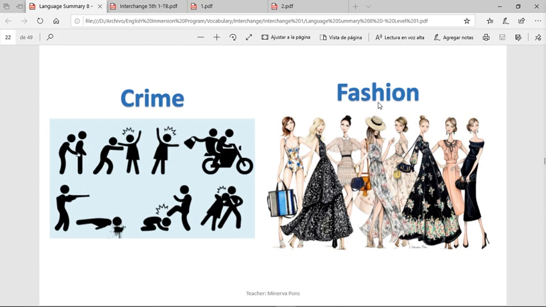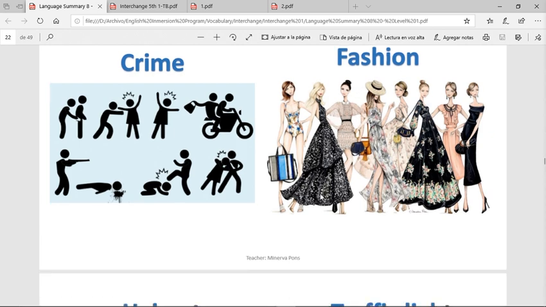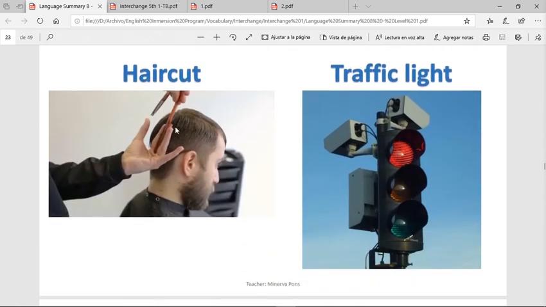Okay, fashion. This is all the different types of dresses and types of wear that women can use, and men too. It is something that looks good and is of the time right now. Just fashion. Haircut.